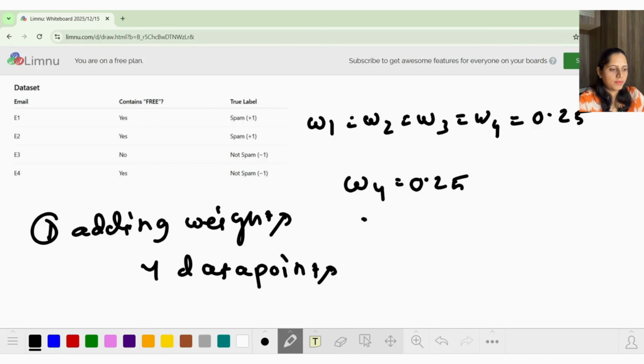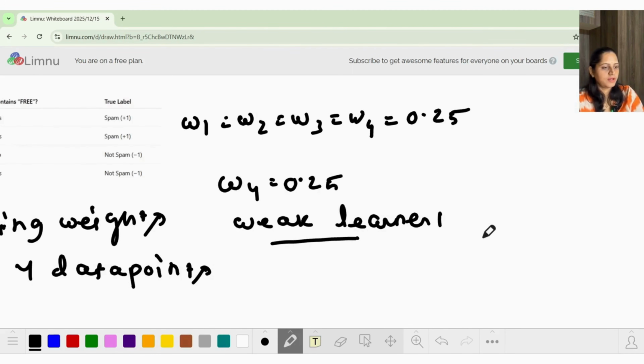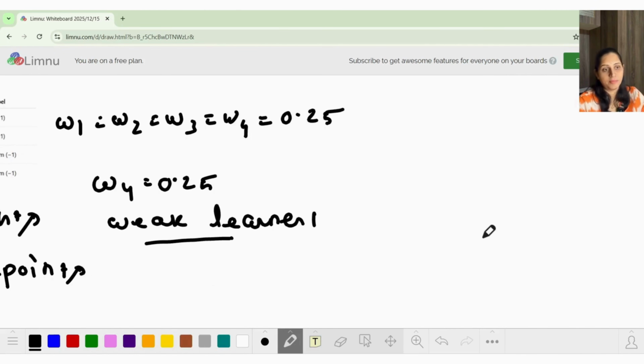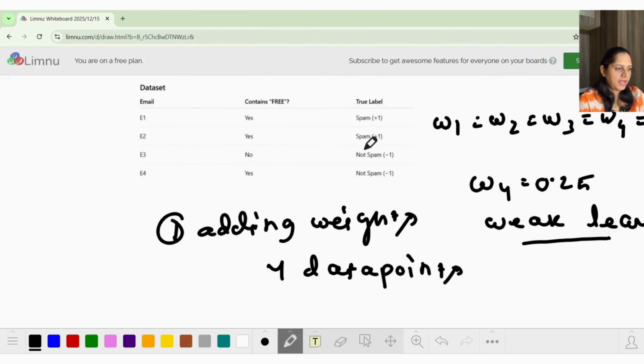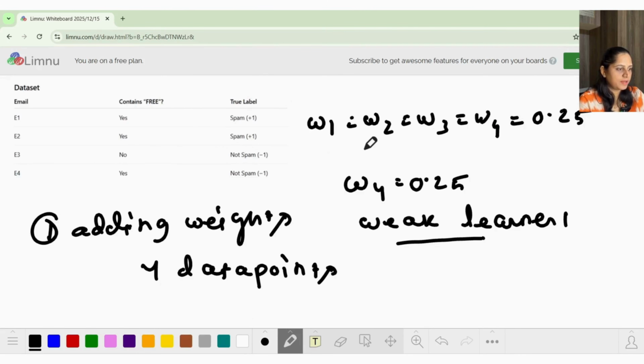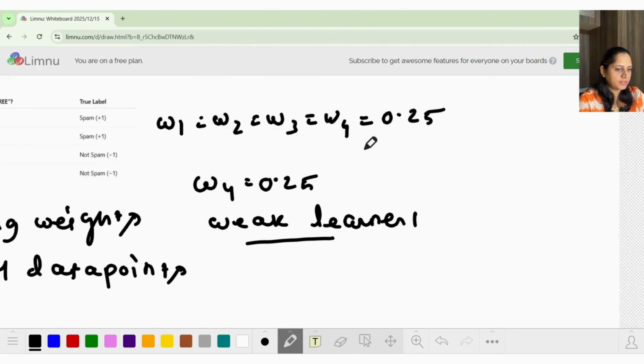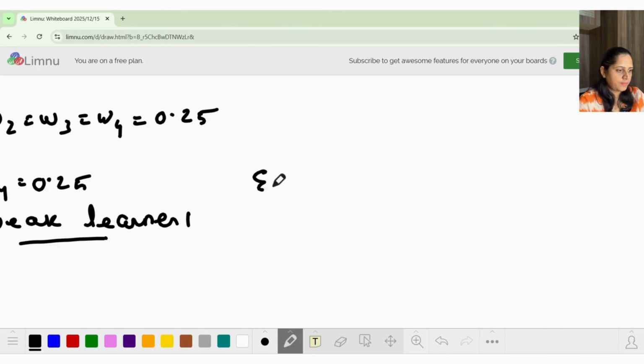Now we have to find the weak learner. Weak learner 1. What we are going to do for my weak learner is find the error part. In my data set, it actually says this, but it should be this way, if I draw it: E1, E2, E3, E4, and here +1, +1, -1, -1.